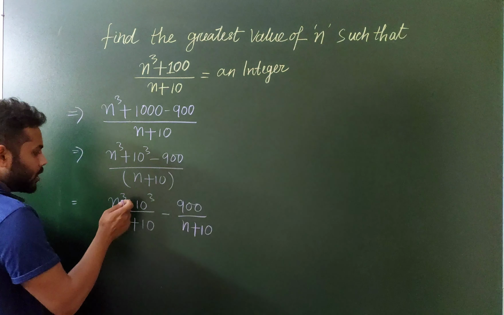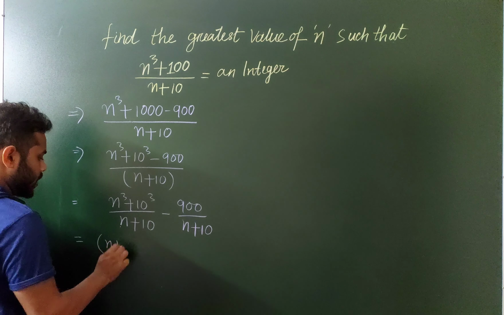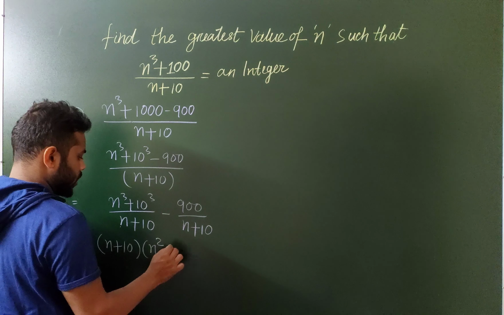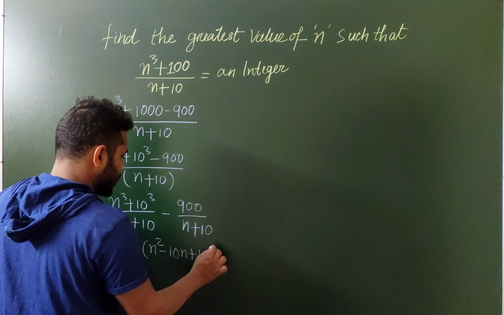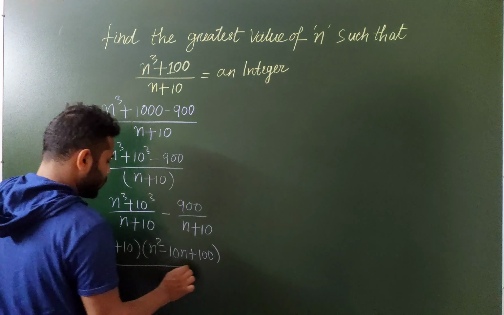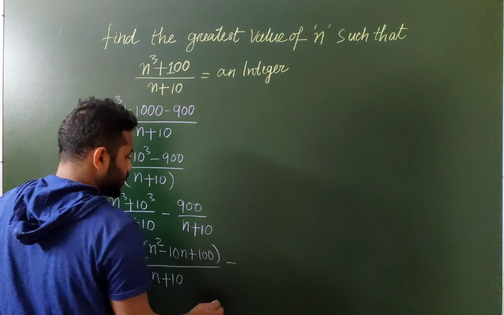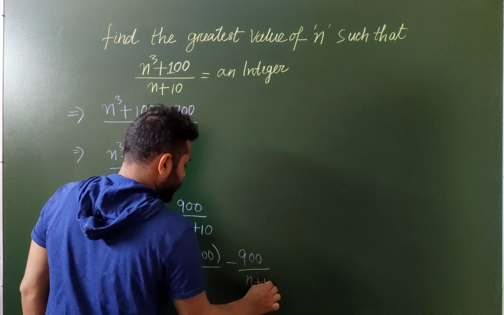And clearly you know the a cube plus b cube formula, so we can write n plus 10 into n square minus 10n plus 100, divided by n plus 10, minus 900 by n plus 10.